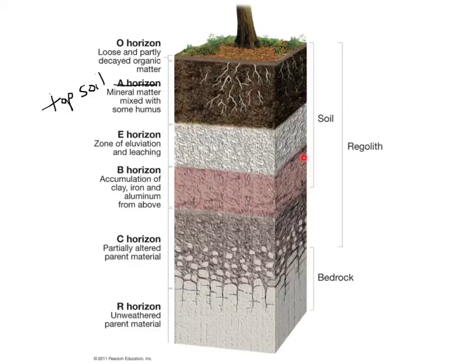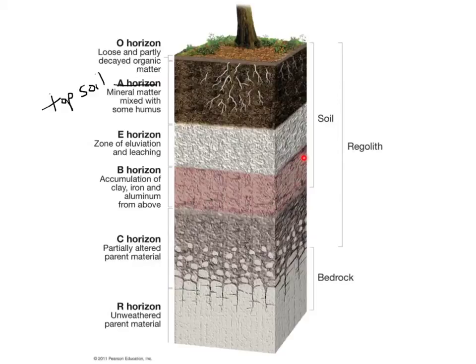Again, not all ecosystems are going to have that E layer. So tropical rainforests and deserts tend not to have that E horizon. Many grasslands also don't have that E horizon, but we will typically find them in temperate forests, coniferous and deciduous forests.